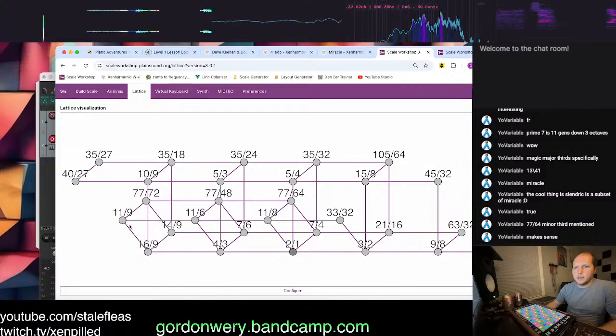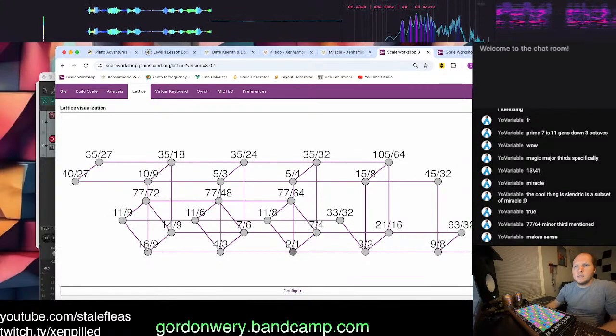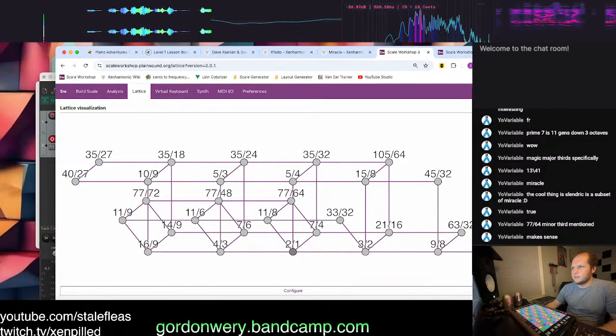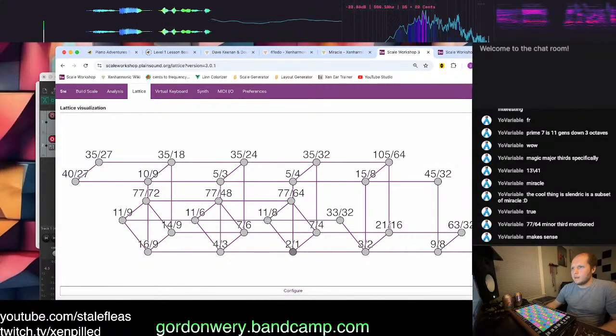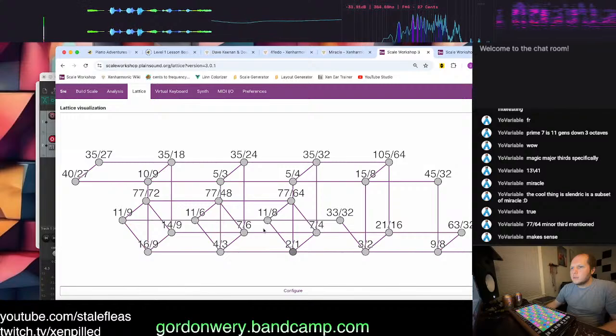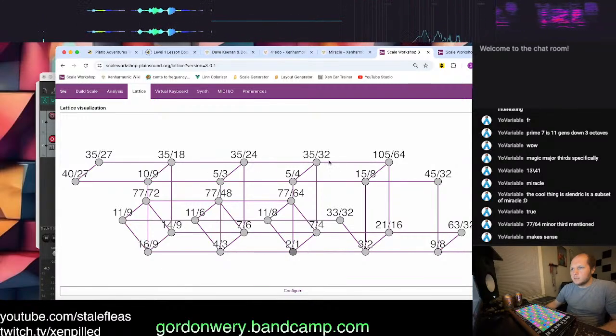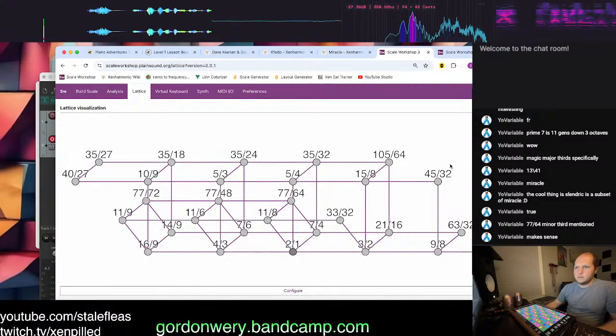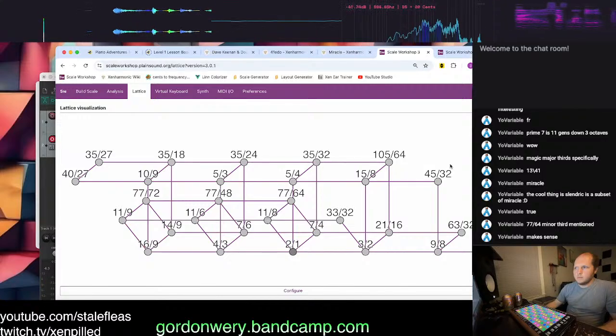An interval like 105 over 64 might not make a whole lot of sense at first, but it fits on the lattice. It allows you to build a major chord on top of 21 over 16. It allows you to build a subminor 7 chord on 15 over 8. It allows you to have more connections and more options, because the big downside people talk about with JI is that everything will be in tune with one note, but if you go somewhere else, stuff won't necessarily be in tune.